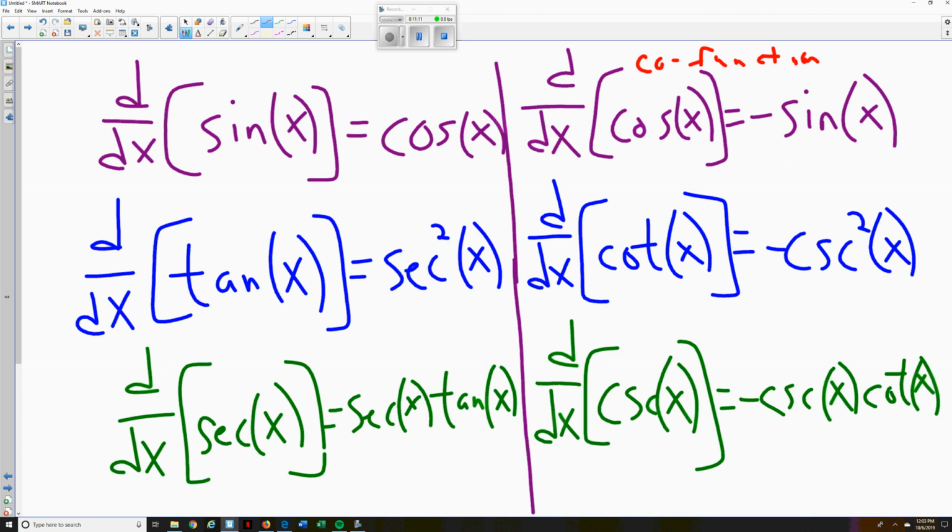Everyone on the right starts with co: cosine, cotangent, cosecant, and all their derivatives are negative. But notice that they are just the same as what's on the left. So for instance, the derivative of tangent is secant squared. The derivative of cotangent is negative cosecant squared. It's the opposite co-functions.